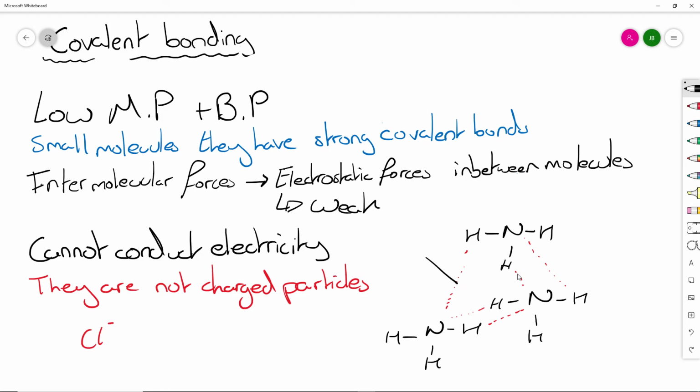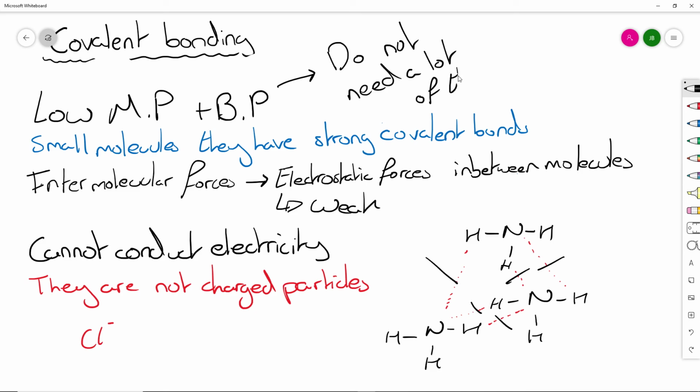So it doesn't require a lot of energy for us to break them down. And that's why they have low melting point and boiling point, because you do not need a lot of thermal energy to break intermolecular forces.